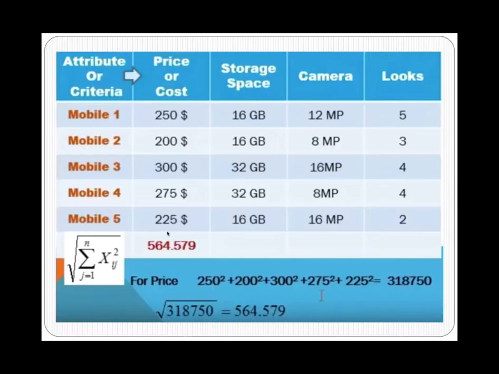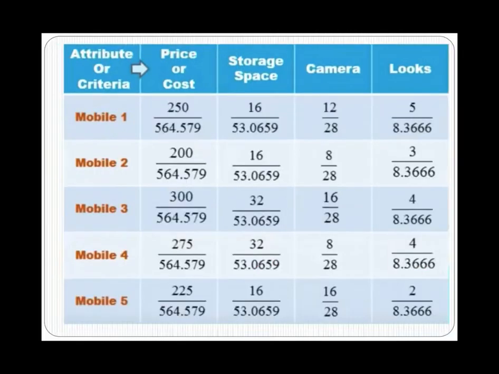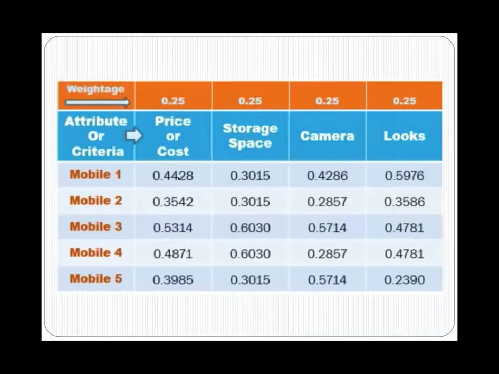We do it for this, this, this, all of these, and this is what we get. Now, after doing this, we divide each of these items by this value. So this is what we get. And finally, this is our normalized matrix.